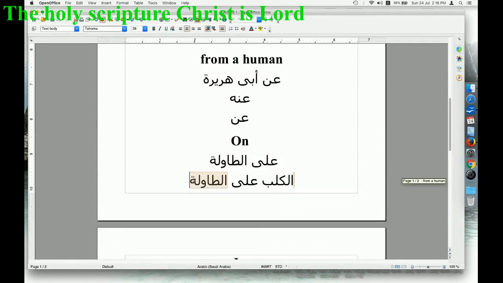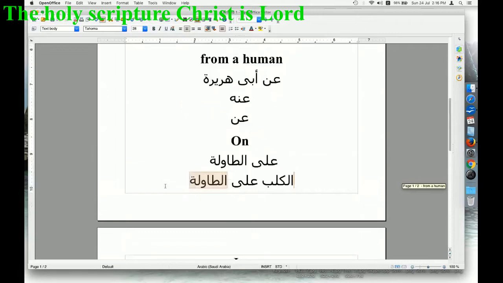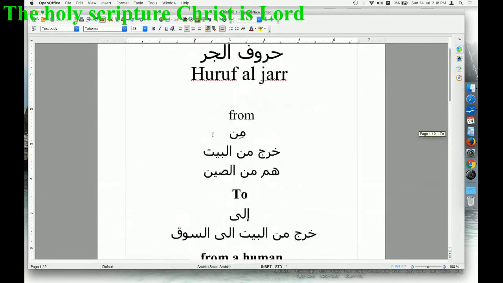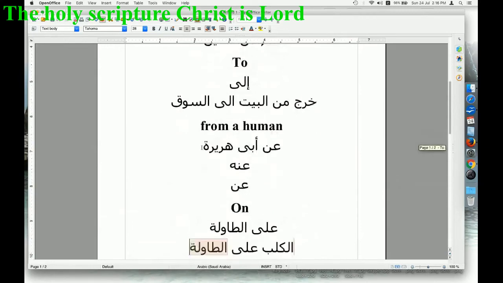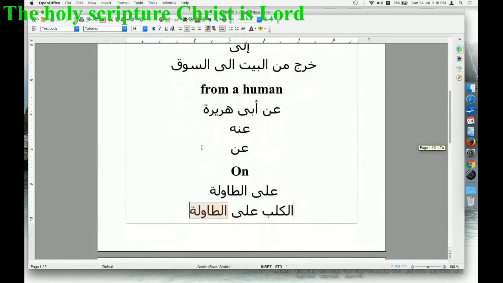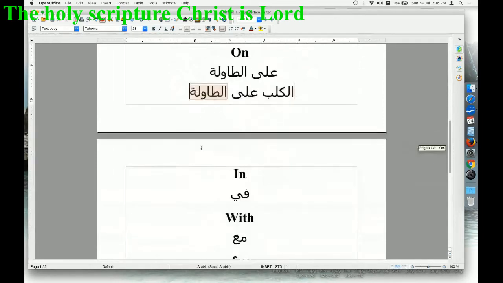Now we continue. Those words are very important because there is no way you will make a sentence without them. Imagine speaking English without from, to, and, and on. They are very important to make a sentence, to speak and make people understand you.